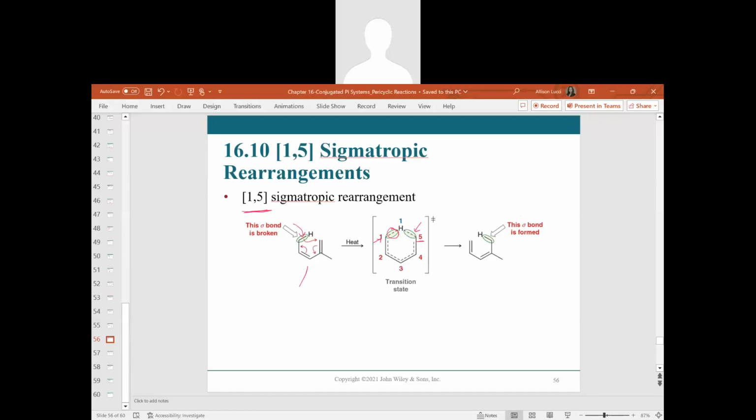This is just the general structure, movement of atoms or electrons, and then over here, our final structure. Sometimes this is called a 1,5 hydrogen shift as well, because we're moving around that hydrogen atom. So 1,5 hydrogen shift is an alternate name.